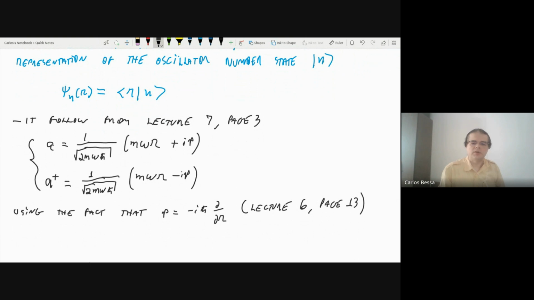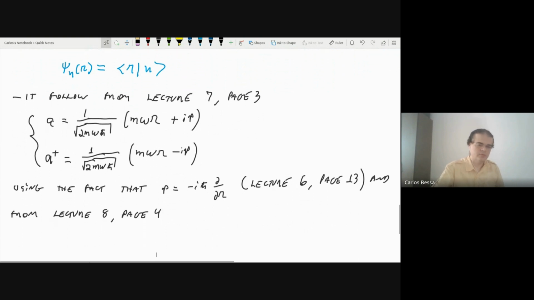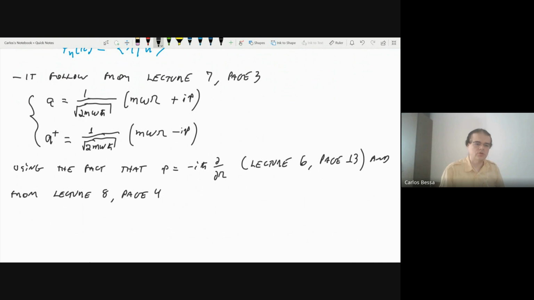So using the fact that P is this, and from lecture 8, page 4, we have this equation. We saw that the Schrödinger equation could be written in this way: d/dR psi 0 of R equal to 0.